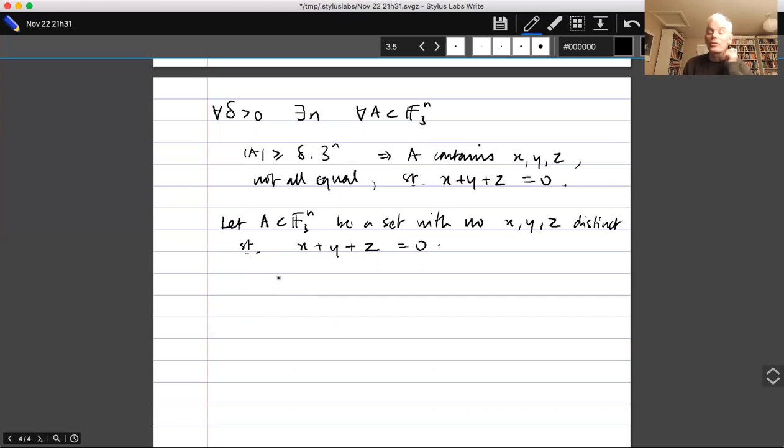And the way we're going to do it is to make the following observation about x, y, and z in A. Sorry, that's not what I'm going to say, the contrapositive of what I'm about to say.